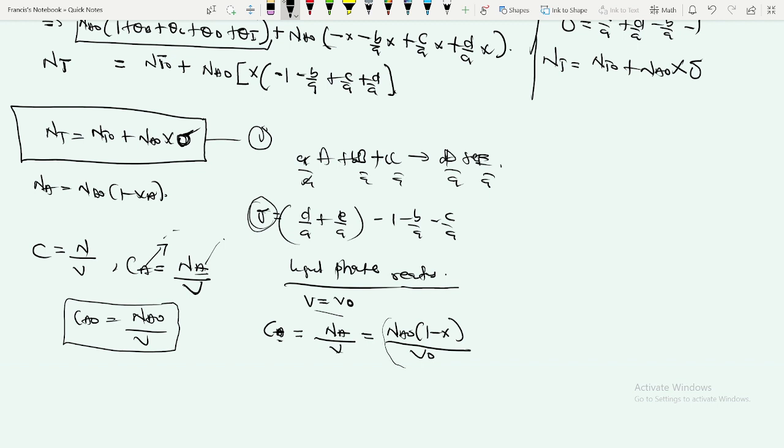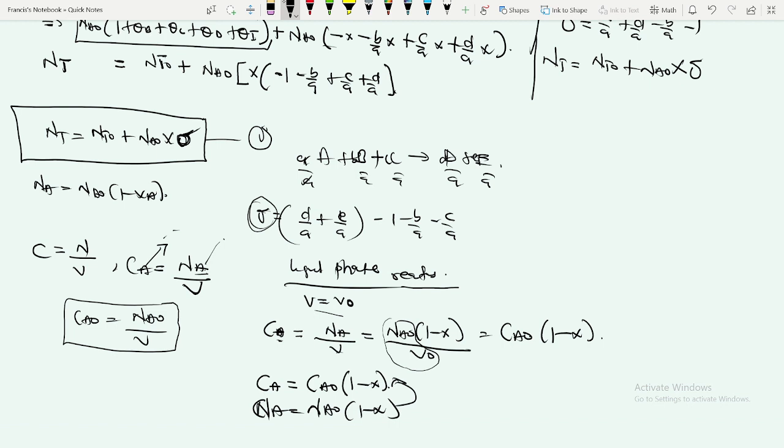And then C_A0 over V_0 here gives us C_A0 initially present, multiplying 1 minus X. So we realize that concentration of A remaining will also be equal to C_A0 (1 minus X), just as N_A is equal to N_A0 (1 minus X). Realize that the equations are the same.